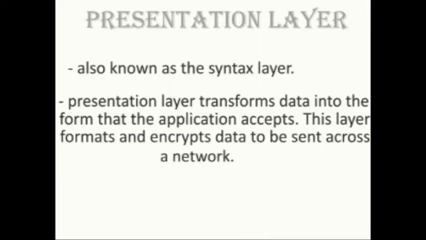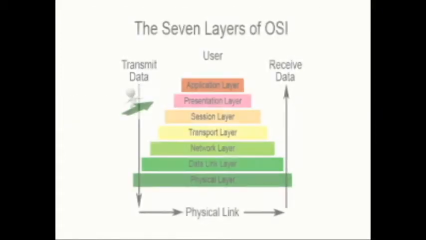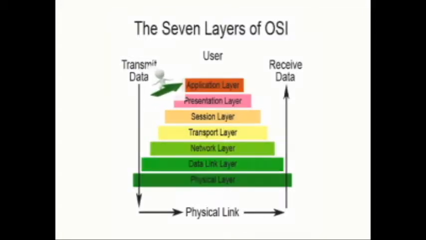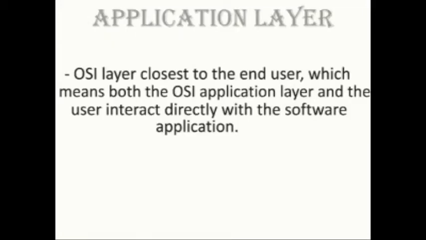The presentation layer, also known as the syntax layer, transforms data into the form that the application accepts. The application layer is the closest to the end user, which means both the OSI application layer and user interact directly.